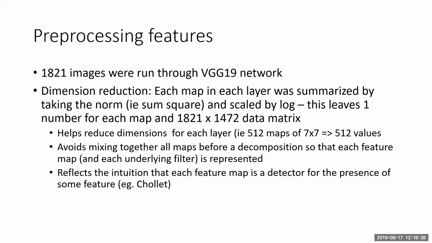They're all processing different features. The map itself still maintains some spatial information. But I said, let's assume that each feature map is just about the presence of something, and let's summarize it by taking the norm of the matrix, or really just the total activation of that feature map. So I took the 512 7 by 7 maps and reduced it to 512 values.